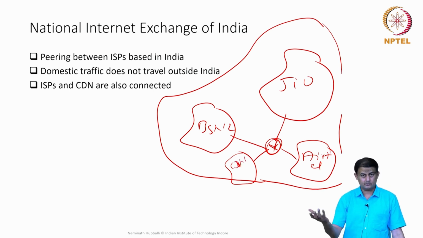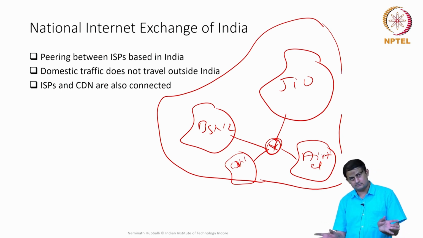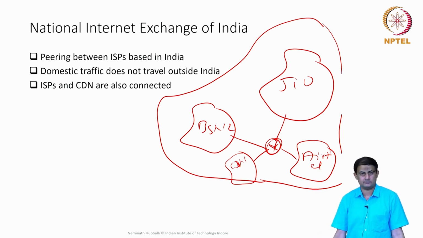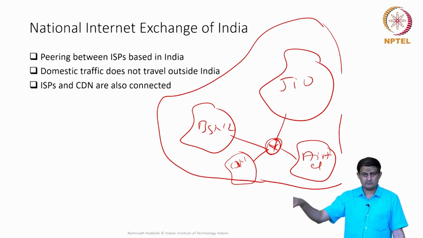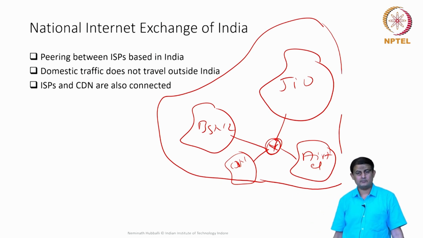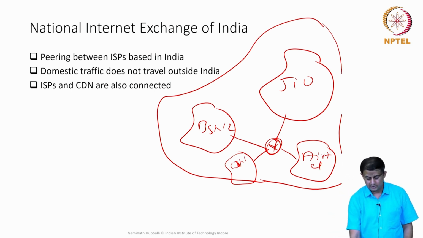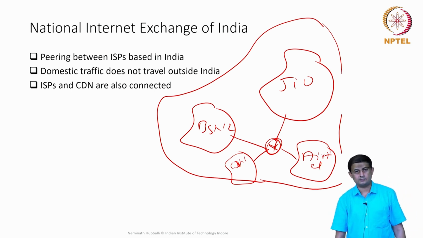YouTube has a lot of content, and these companies might put up their own servers and build their own infrastructure, similar to that of an internet service provider. There are multiple servers, they have optical fiber running between those servers, they have routers and all that. They can also come and join these internet exchange points.